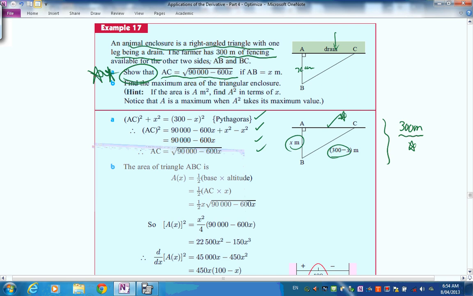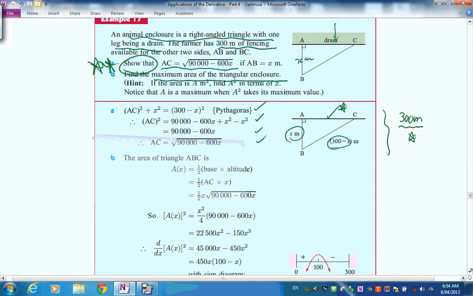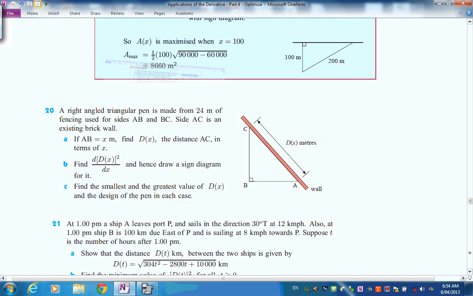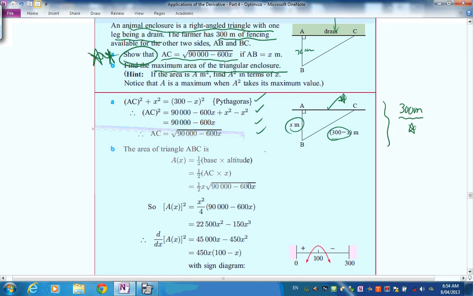Okay, so then they want you to find the maximum area of the triangular enclosure. And here we're going to use that squared idea. The area of the triangle is a half base times height, so it's a half AC by x, and we've got this ugly square root in here.